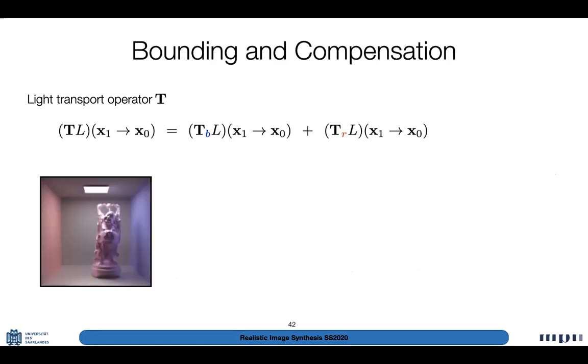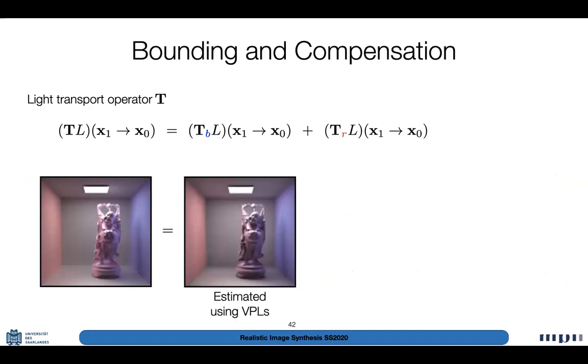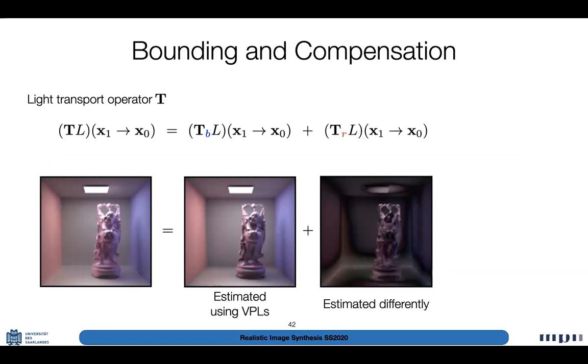What it means is that if you have an image which you just rendered using, let's say, these bounding things, what you're getting is the estimation using your VPLs after the bounding, the T of B, and you add the residual term to that. So you need to know how to estimate this residual term. We know how to estimate the VPL term, which gives you this darkening, but we also now want to find a way to estimate this residual.